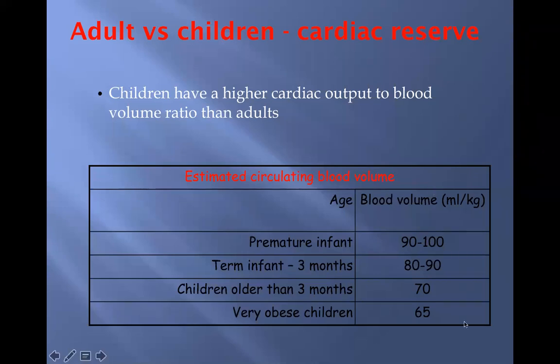You can benefit from these numbers during anesthesia of the pediatric age group or in the pediatric ICU when the patient is bleeding. You can calculate according to the number of ml per kg. Suppose the patient is 10 kilograms and is a child older than 3 months, so 70 ml per kg means the total blood is 70 multiplied by 10 kilos, which is 700 ml.